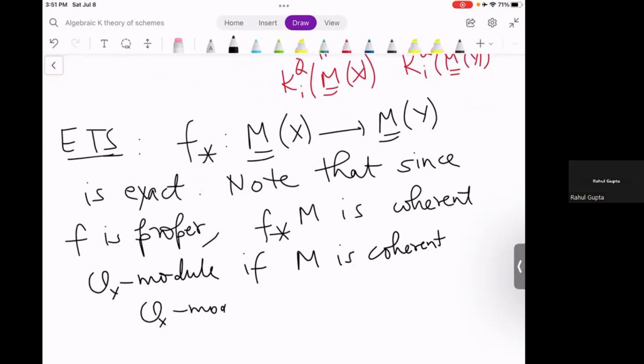So you need some kind of finiteness condition to assume that finitely generated modules go to finitely generated modules. Does everyone know how to take this push forward for sheaves of O_X modules? Yeah, so let me not go there. But you need this condition of properness to say that the push forward of a coherent sheaf is a coherent sheaf. Okay, good.